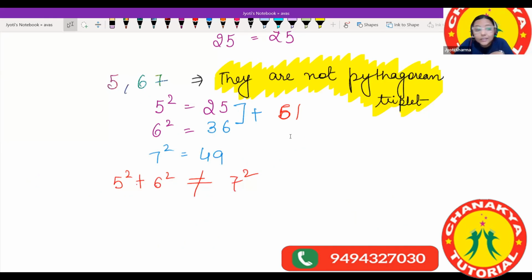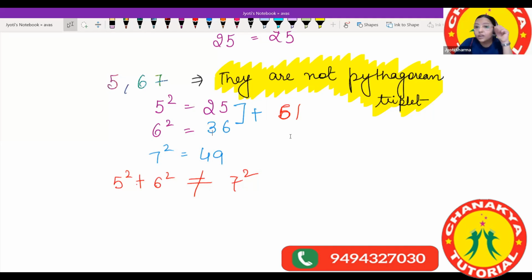Now the thing is, how do we find Pythagorean triplets? That's the question. Let's say I have given you one, okay, one more thing. I will tell you one interesting fact here.